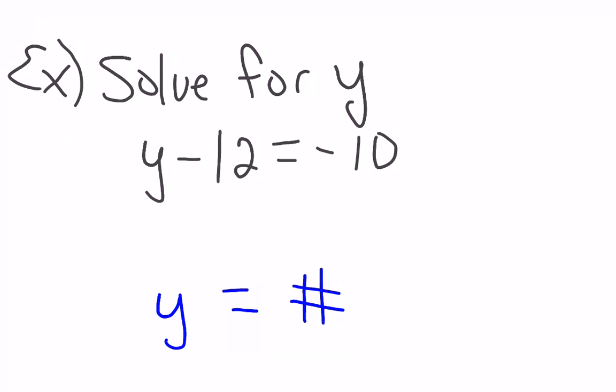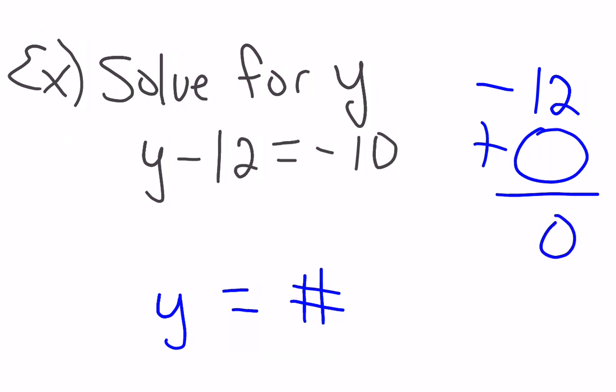Now, what we have to do is get rid of the minus 12. So in order to do that, we're going to add something to that side in such a way that it would equal 0. So we want to take negative 12 plus something, and we want to get 0. So this is our dilemma. What would that be?